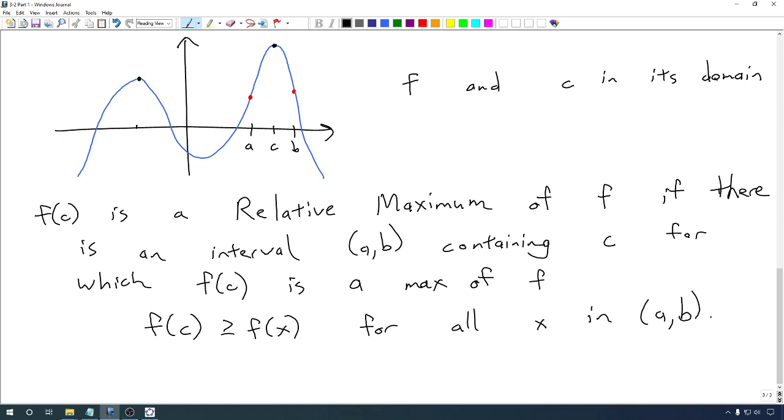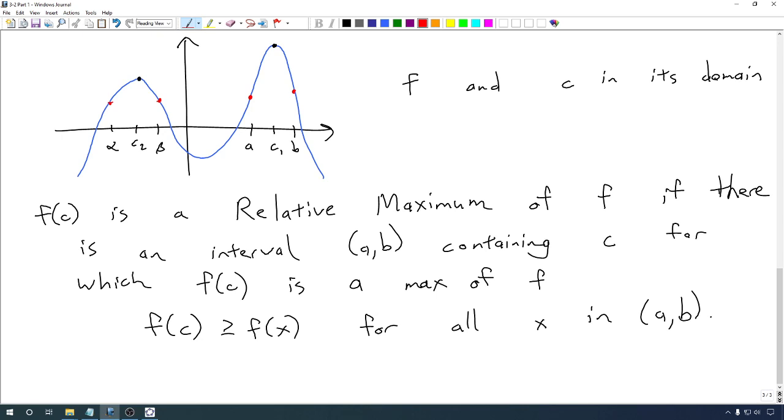If this is a different c, maybe this was c1 and this is c2, we can still look at some interval around c, maybe, let's say from alpha to beta. I'm going to use some Greek letters here. So in this section here, the value at c2 is the maximum of the function on this part. It's not the maximum overall, but it is the maximum on some interval around c2. And that's what we're trying to capture.